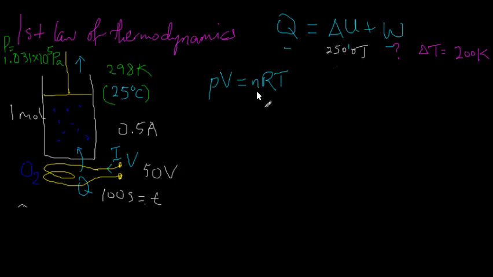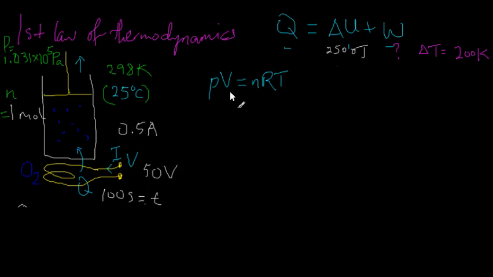I need the temperature. I need the number of moles, and I have that. That's the number of moles, n. V is what I want to find, and I need the pressure, which I already have. So given these quantities, I want to find the starting volume.